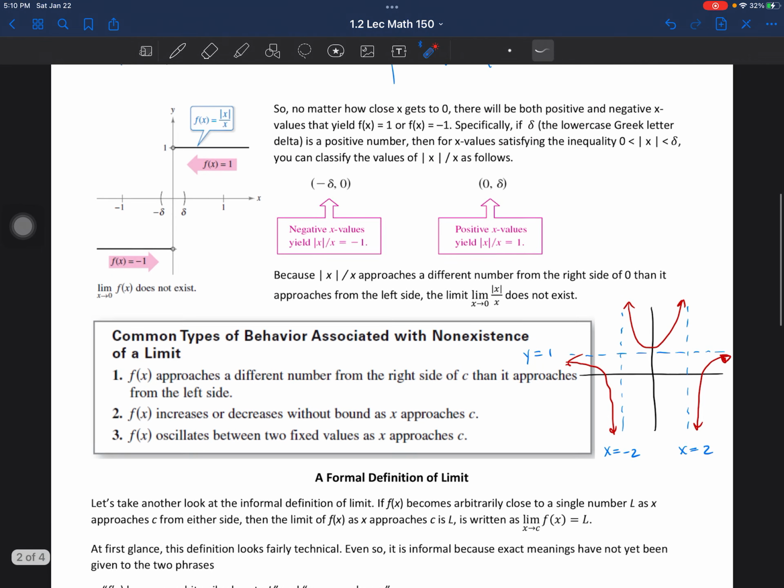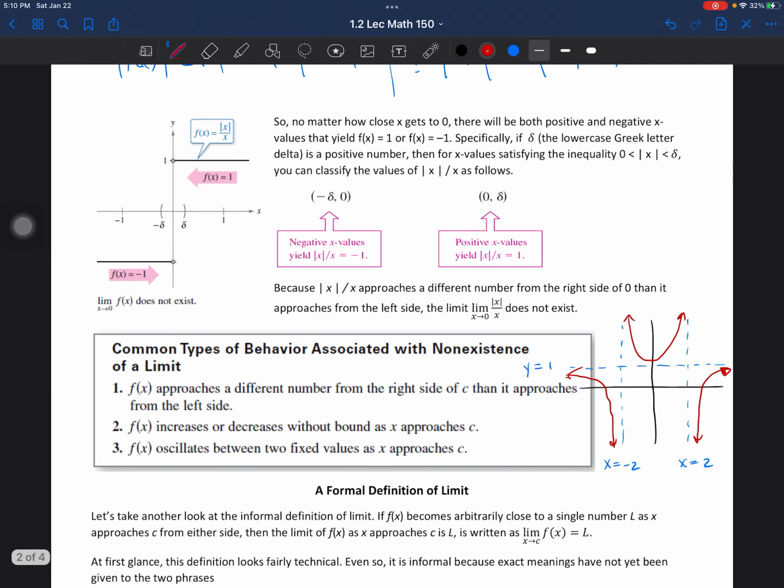Number 3 is a different case, something of this form. So let me draw a graph here. This will be the case where you have a graph that behaves sort of in an oscillation. What I mean by that is that the graph maybe goes like this, and then it goes like this, and then somehow it just stays with that.